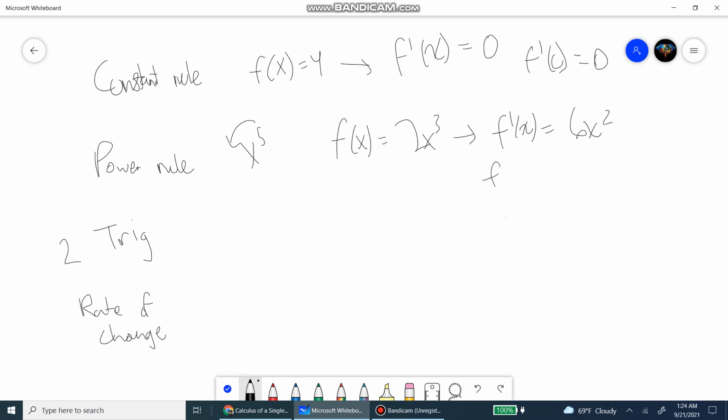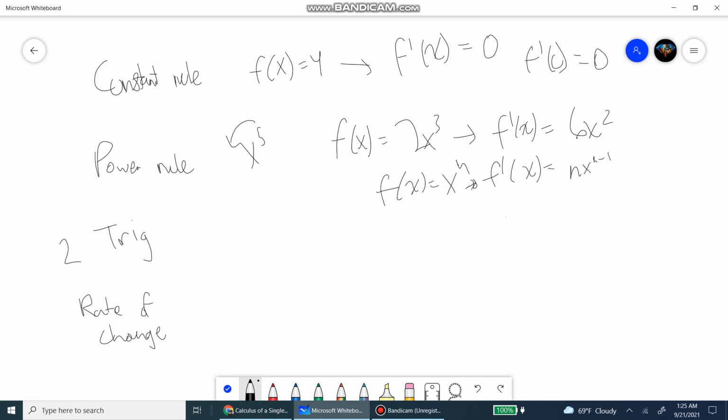And you could say the general rule is if you have f of x equals x to the n, then you can say f prime of x equals nx to the n minus 1. So you move the exponent and subtract 1.